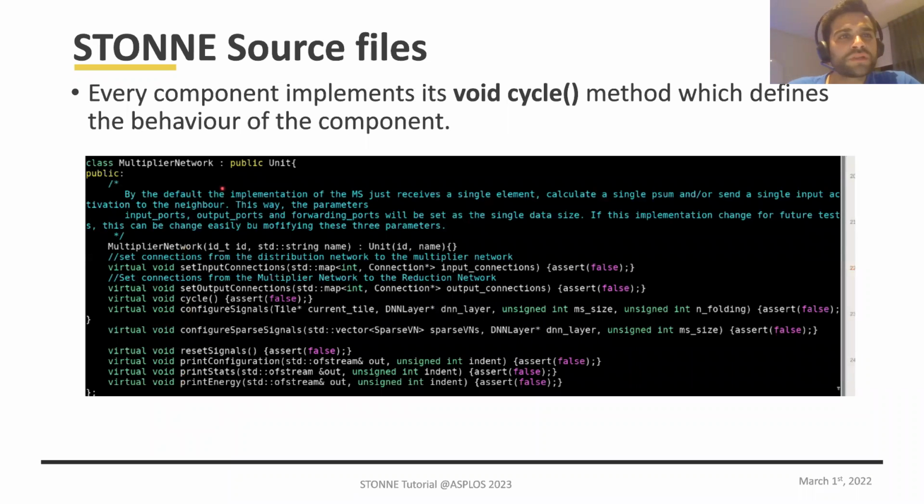Okay, so how does STONNE work? Every component in the simulator, every multiplier, every multiplier network, every module in the hardware implements the void cycle method, which defines what that component does.